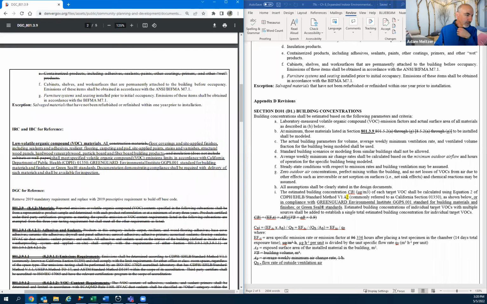The Green Guard Gold only really applies to the CDPH standard methodology of how the VOCs are tested. There are two requirements here, especially for the applied products. There's the VOC content, which is the SCAQMD requirement or standard methodology, and then there's how it's tested. The Green Guard Gold covers the testing methodology.